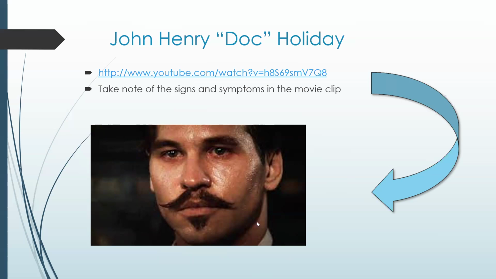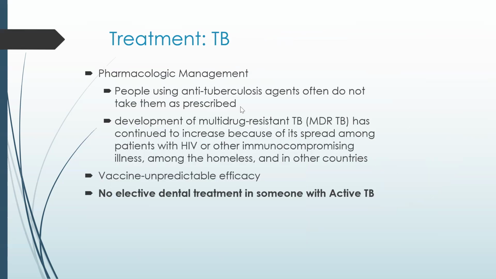So all throughout this movie, Val Kilmer is portraying somebody that has tuberculosis, not necessarily announced. He looks worse and worse as the movie progresses, and he is coughing, and he just looks ill. So I think this is a little clip of some scenes where he's showing some signs and symptoms of tuberculosis.